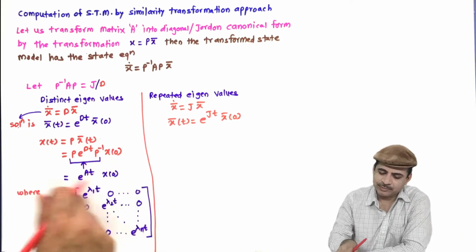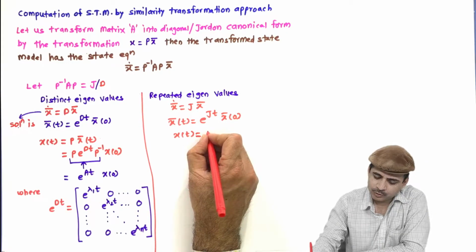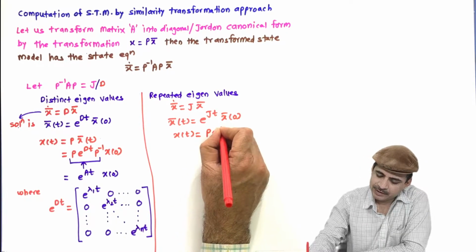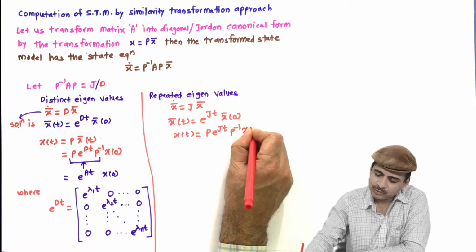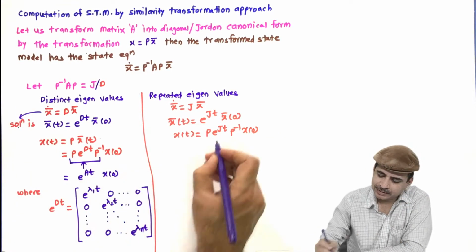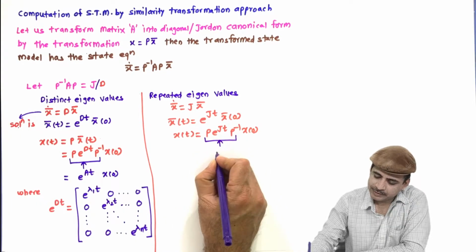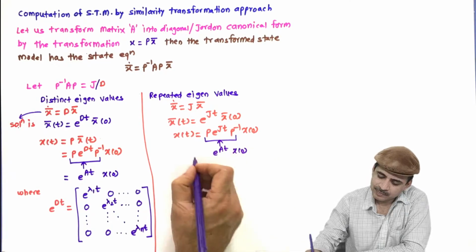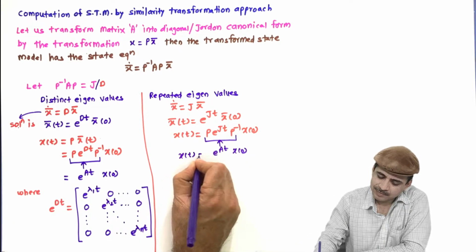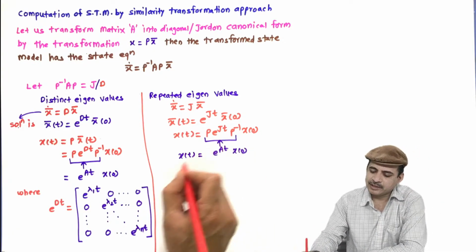If we follow the same treatment, we get x of t is equal to P e raised to Jt P inverse into x of 0, and this is e raised to At. And what is e raised to Jt?